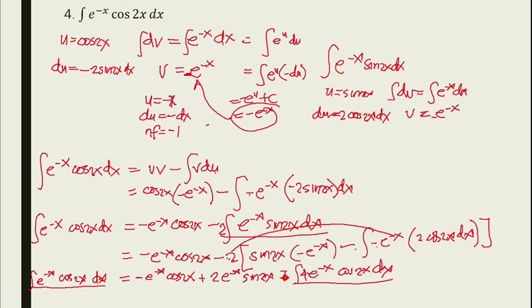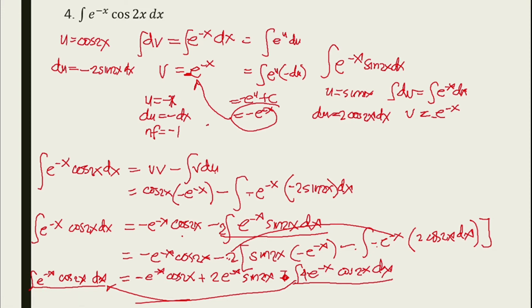So therefore we have 4 e raised to negative x cos 2x dx. So next we have to transpose this one to the right side, so we have to combine it to the given. So we have 4 and this one will become 5.